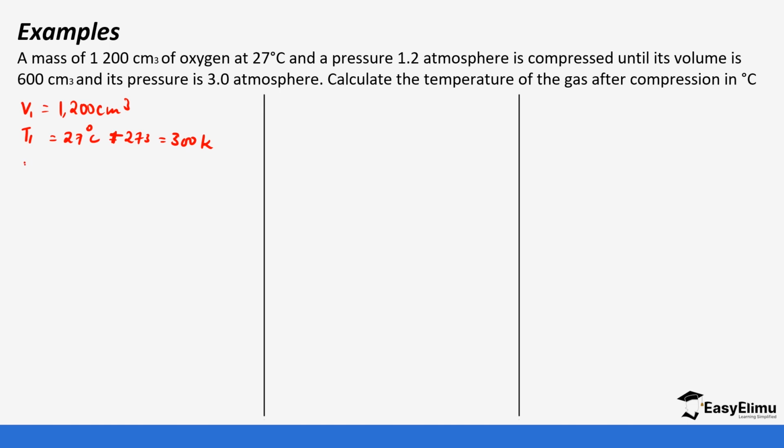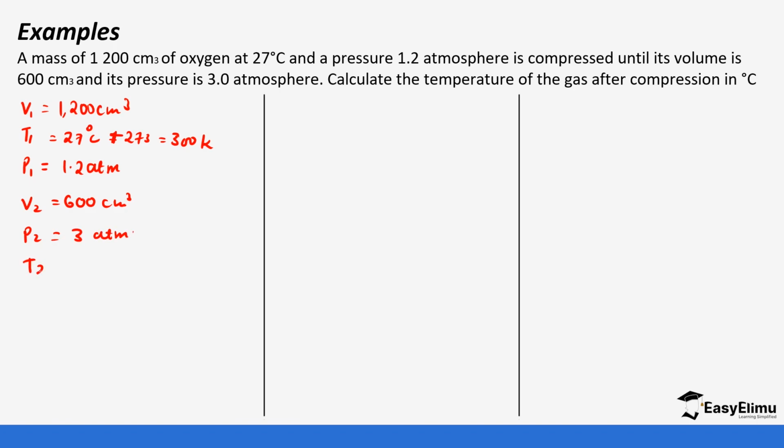And then a pressure, which we'll call P1, is 1.2 atmospheres. And then it's compressed until its volume, so we have the second volume, which is 600 centimeters cubed, and its pressure, which will be our P2, is equal to 3 atmospheres. Calculate the temperature.